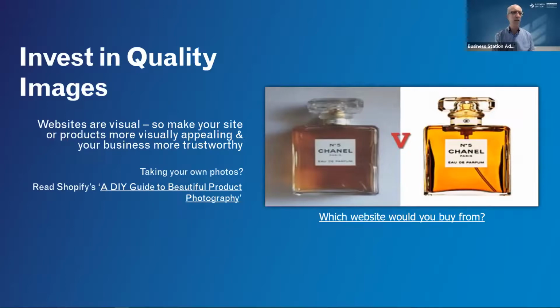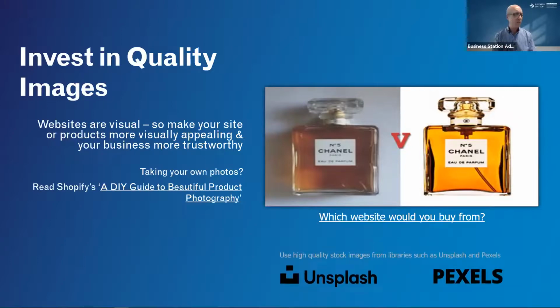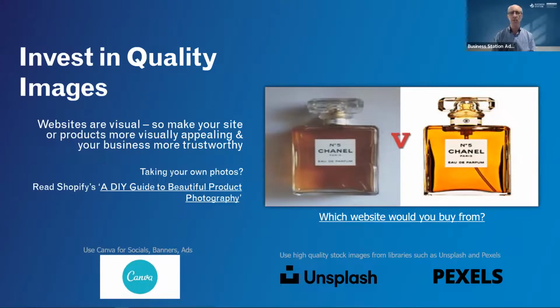If you are taking your own product photos, for example, there's a good guide by Shopify, which is in the resources at the end, about how to take your own product photos. But there are also image libraries around, such as Unsplash and Pexels. If you're not aware of those, they're really good image libraries for high quality images, depending on your particular product, of course. You still need to attribute the photographer, but you don't need to pay for it.